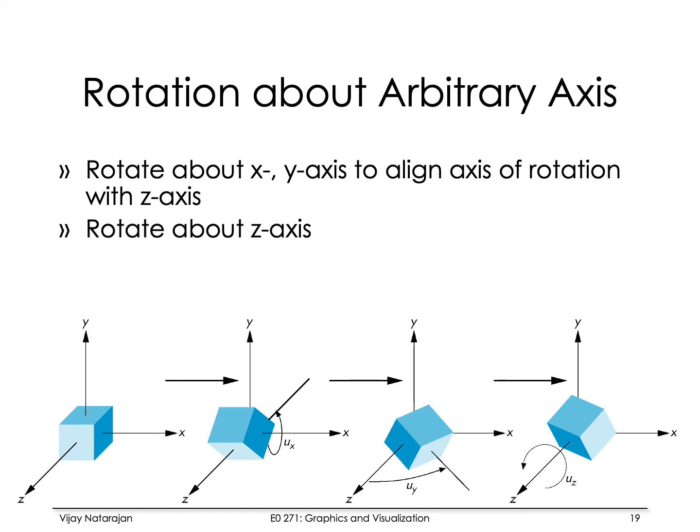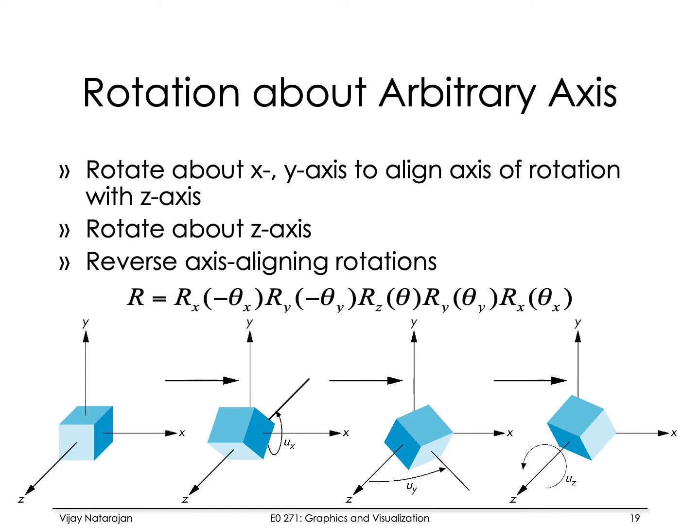After this, you apply the rotation that you wanted to in the first place. And then you reverse all the axis aligning rotations. So the matrices look like this. You first apply a rotation about the x-axis, followed by a rotation about the y-axis.